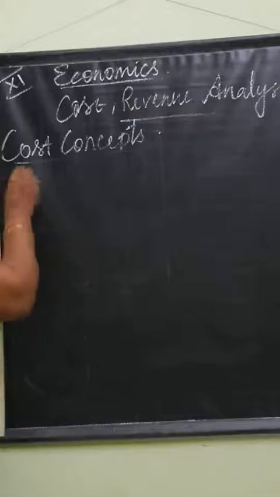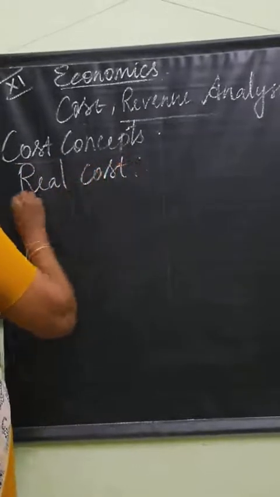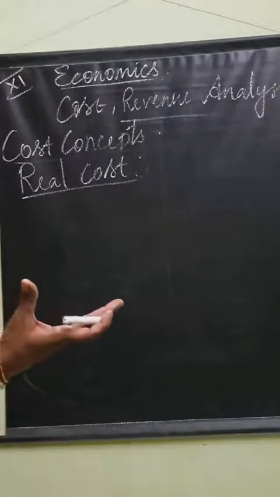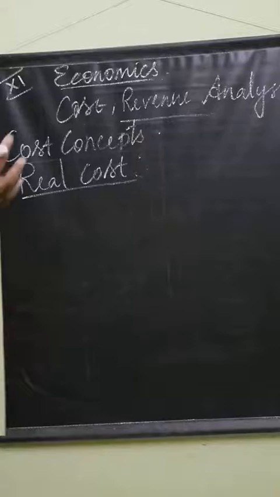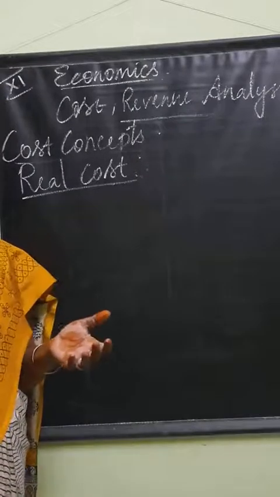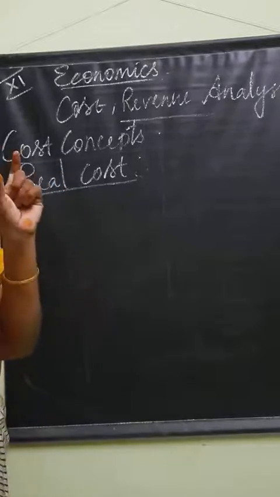And the second one is real cost. The real cost, it is intangible. It cannot be visible. It cannot be touched. That is real cost. For example, the effort I put to make you understand for a particular time.